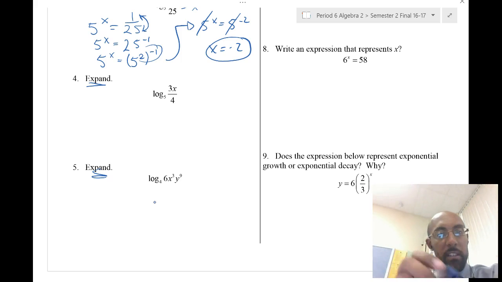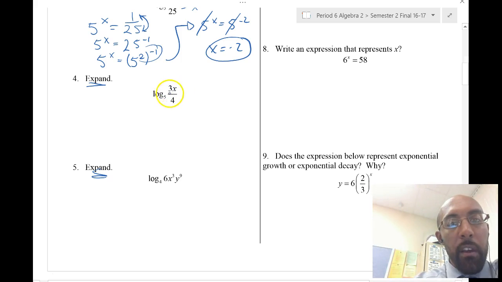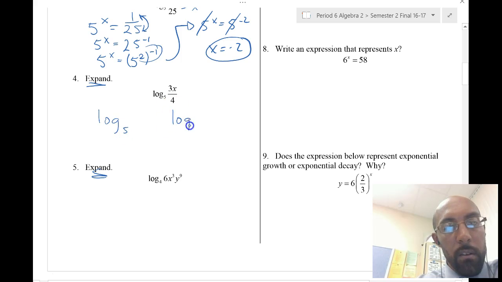So the first one is here that we have a rational, or a number over another number, a fraction, or simply division. Okay, I can expand this into two different logs. Remember, keep the same base of 5, and the number on top will go first with the first log. The number on the bottom will go with the second log.